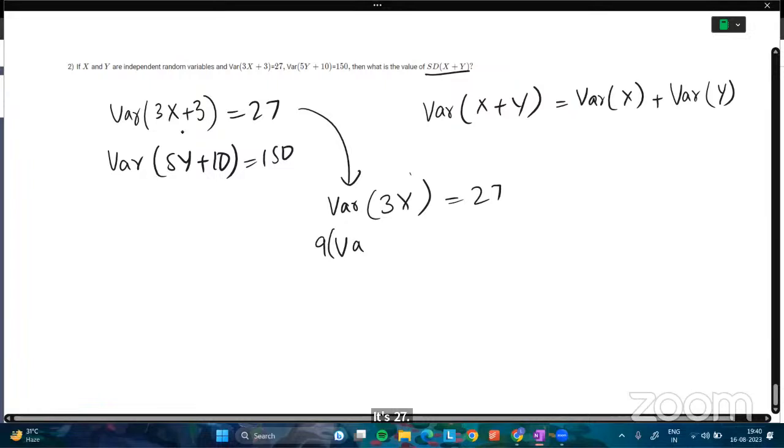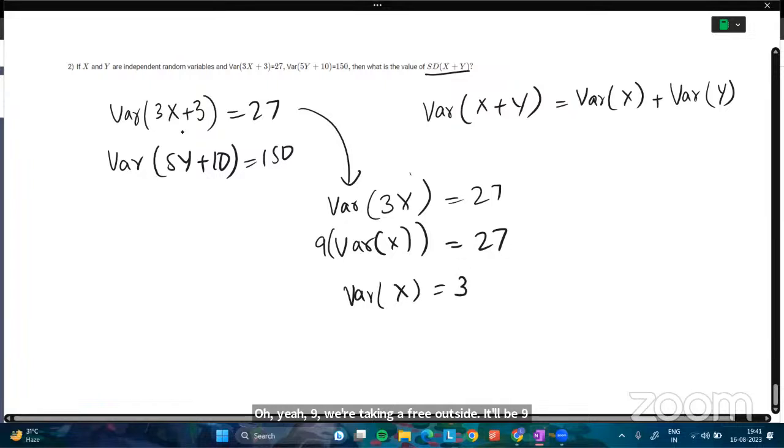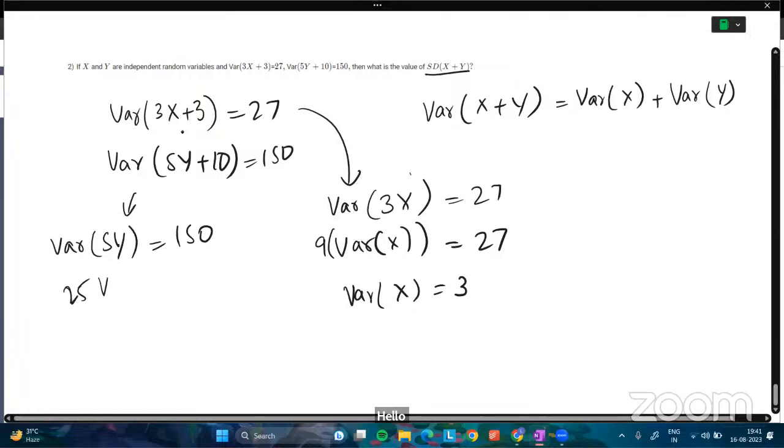Taking this 3 outside, it'll be 9 into variance of x. So variance of x will be 3. And similarly here, variance of 5y plus 10 is just variance of 5y equal to 150. After this, taking 5 outside, I think I can solve. Then you have to find variance of x plus y and then do root.